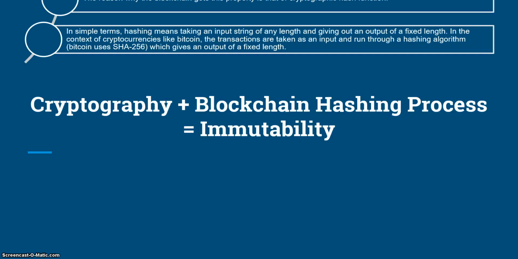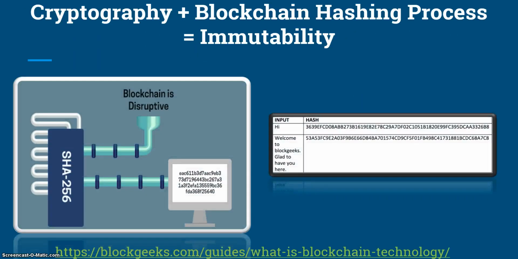We see this picture of how the blockchain achieves the immutability functionality. That means it takes an input string of any length and gives an output of fixed length.